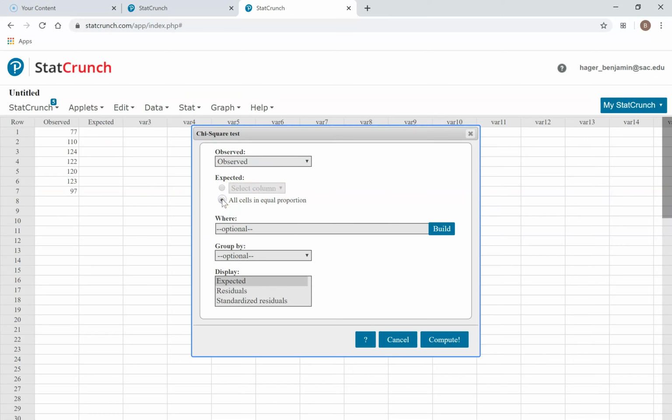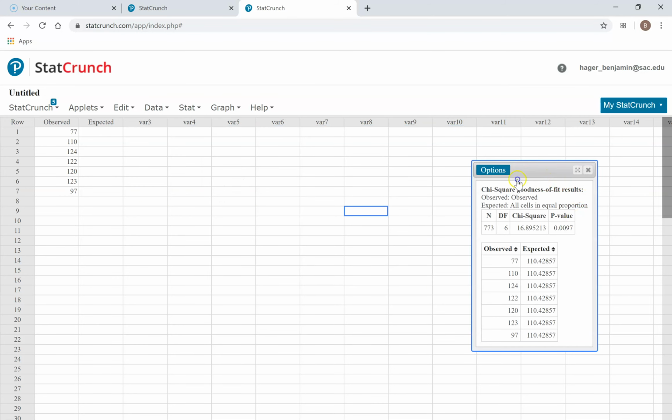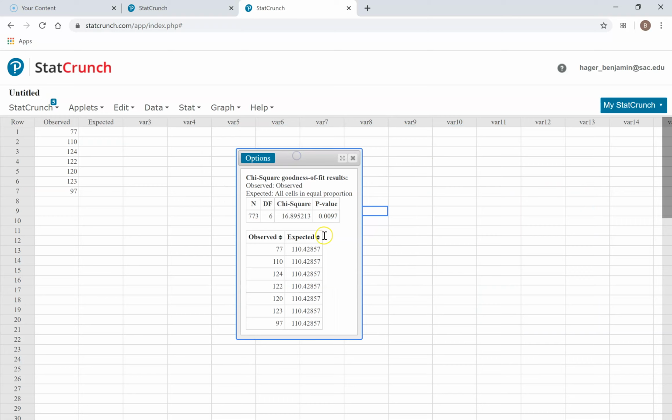But again, since everybody is equally distributed, or I think it is, or that's our claim, we can just hit this button that says all these cells are in equal proportion, and it's going to take that total of 773 and divide it by 7 for us. And let's see what we get out of here. First of all, you see that it does crank out the expected value for each one. They're all the same. It tells you your chi-squared value, and it tells you the p-value.